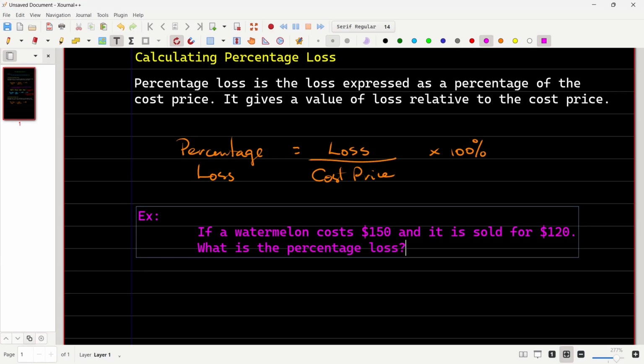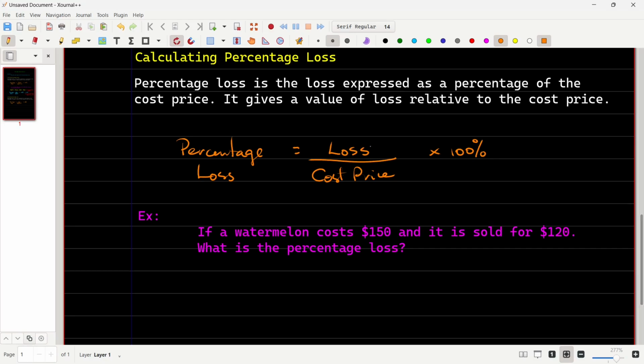Again, we just simply do the calculation of the loss first. So loss would be equal to your selling price, which is $120, minus your cost price, which is $150, and we get a negative $30. So that's a loss of $30.